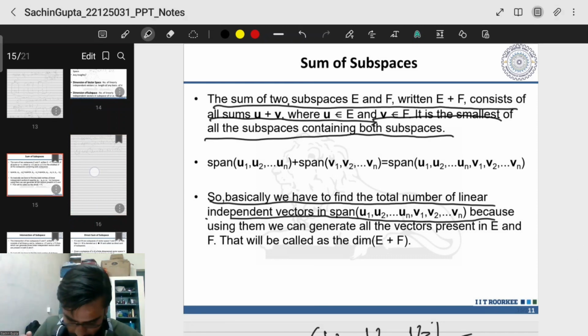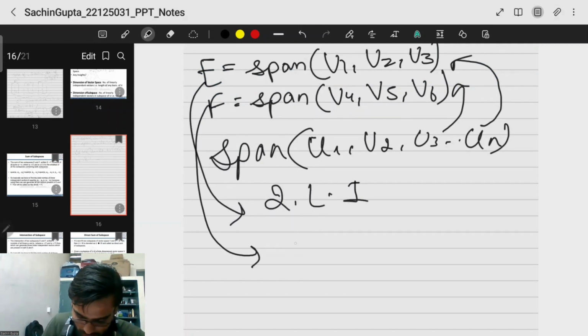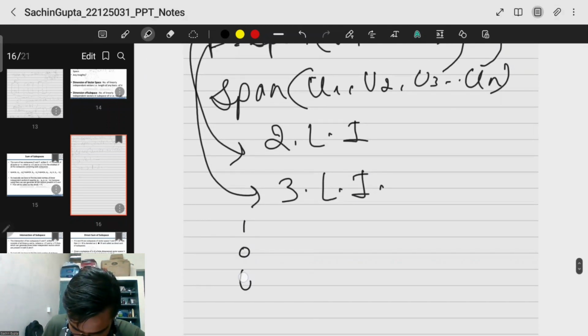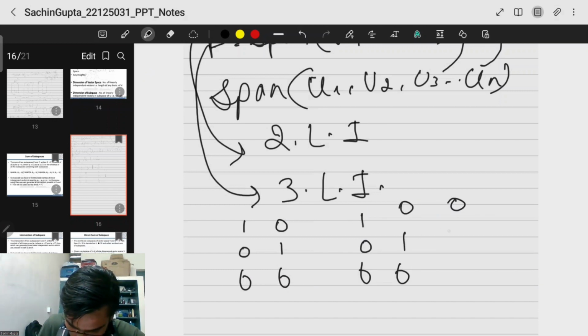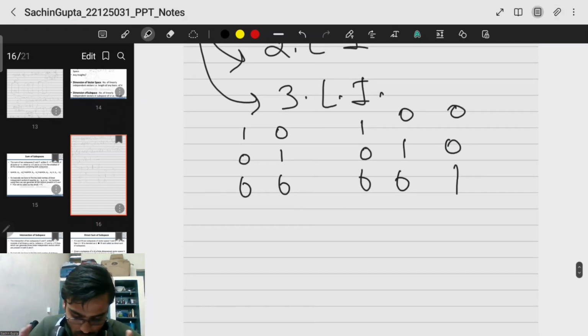Suppose in E there are two linearly independent vectors, and in F three linearly independent vectors. Then we have to check those independent vectors. Like in E there are 1 0 0 and 0 1 0, and in F there are three vectors, and we are asked to find E plus F, that is, the number of linearly independent vectors which are present in either E, F, or both.